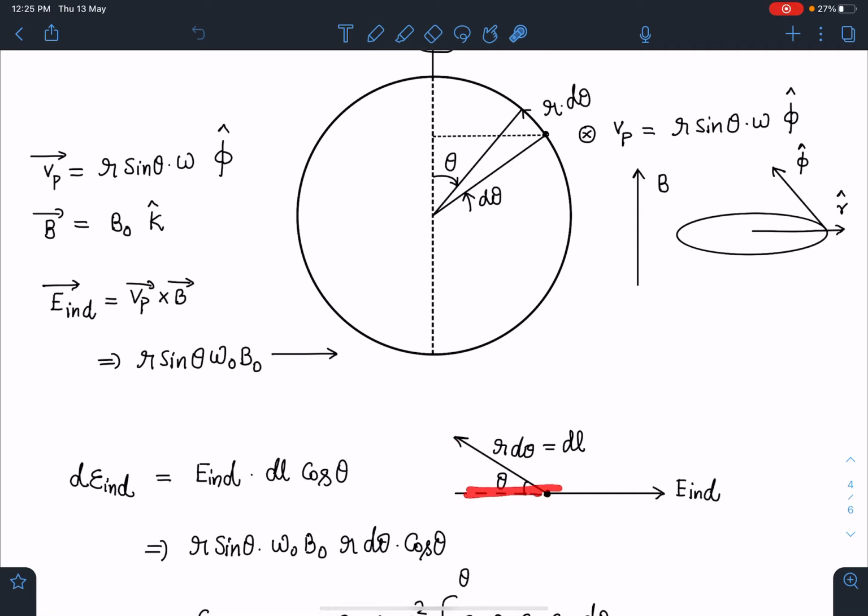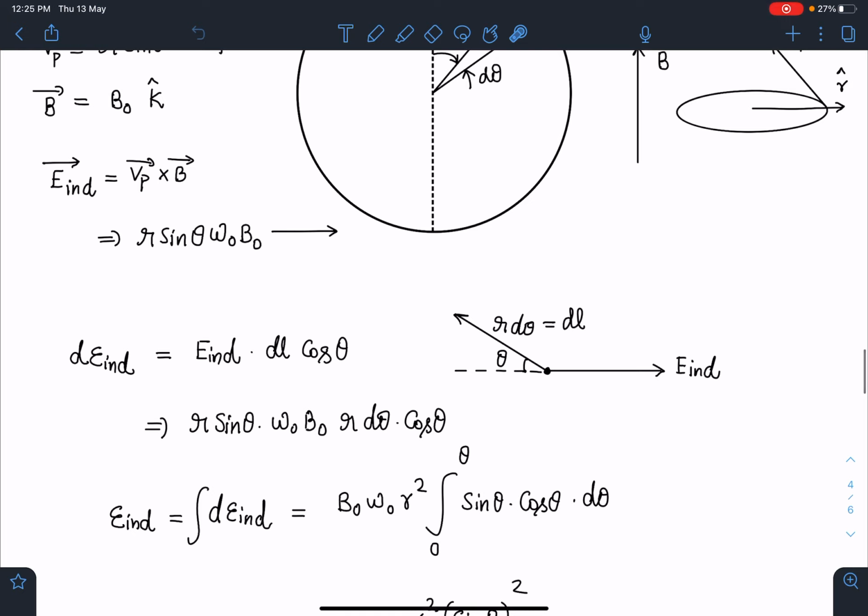But due to this part, the effective length is r d theta cos theta here. You can see this angle is 90 minus theta, so this angle is going to be theta here. So this dE induced I can write as electric field times dl cos theta. When I substitute the value of induced electric field, r sin theta omega naught B naught, and dl is r d theta, and the angle between them is cos theta here.